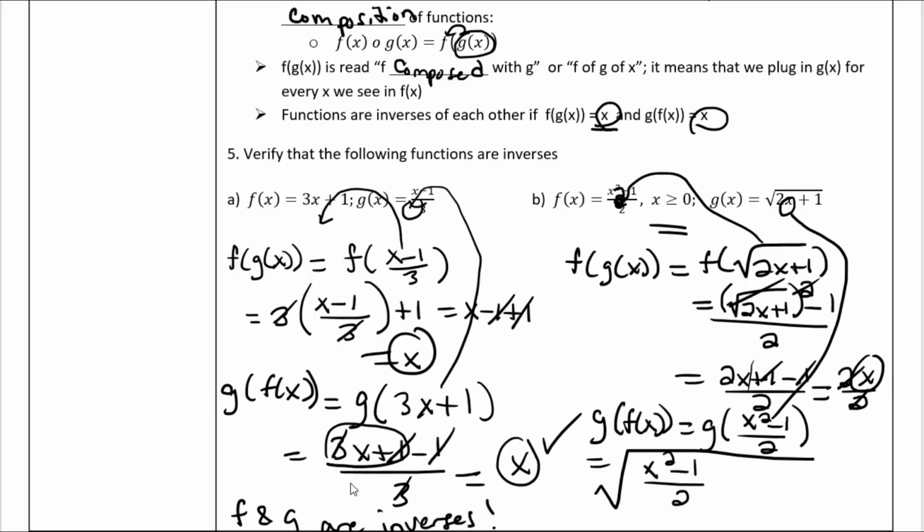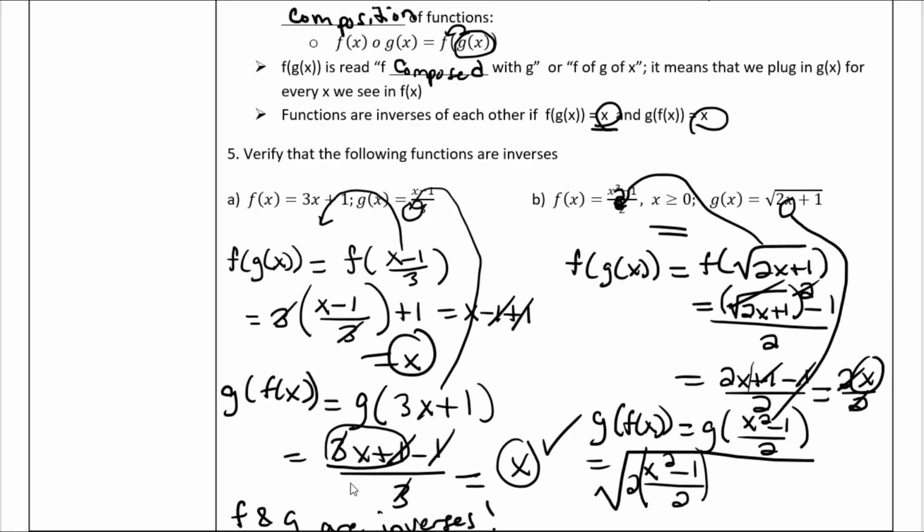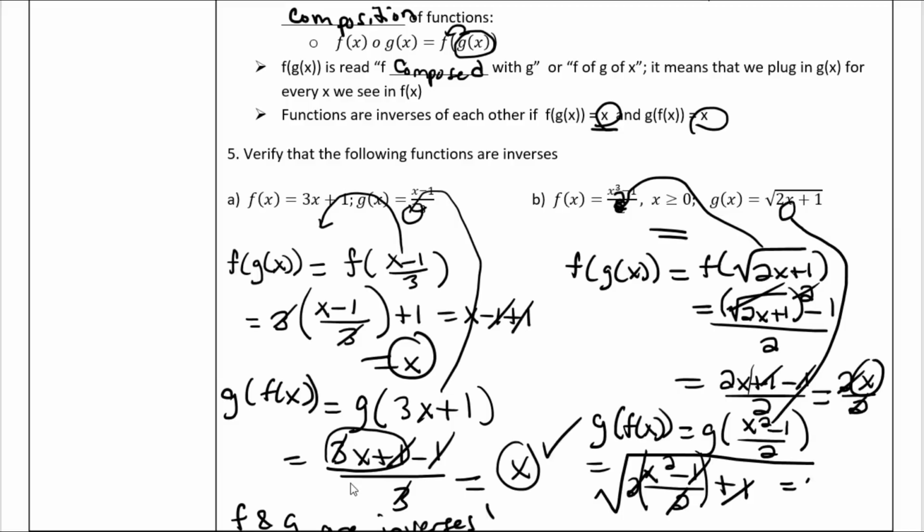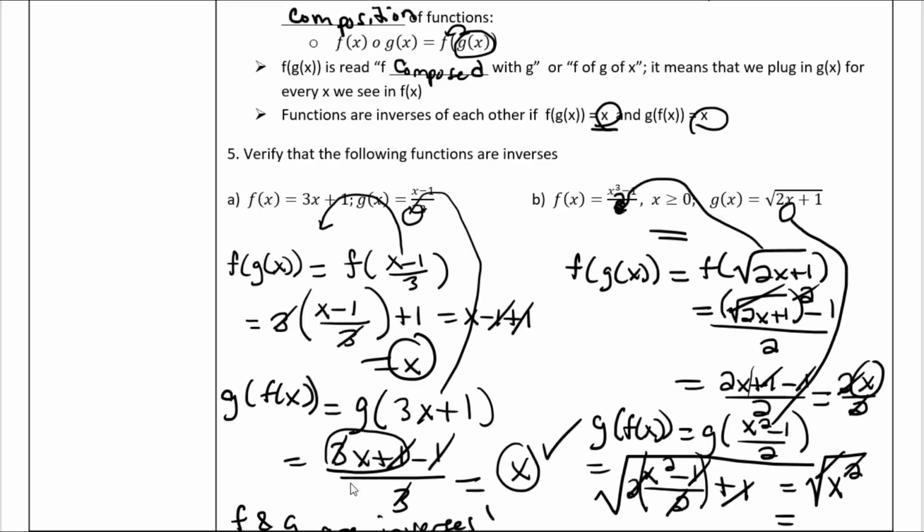Don't forget we have a 2 in front of that x, so I'm going to put that 2 in front of that right now: 2x, and then that x got replaced, and then plus 1. So now the 2's cancel here. The negative 1 plus 1 cancels. Now we have the square root of x squared, which cancels. And since we're looking at x as positive, it's just going to be x.